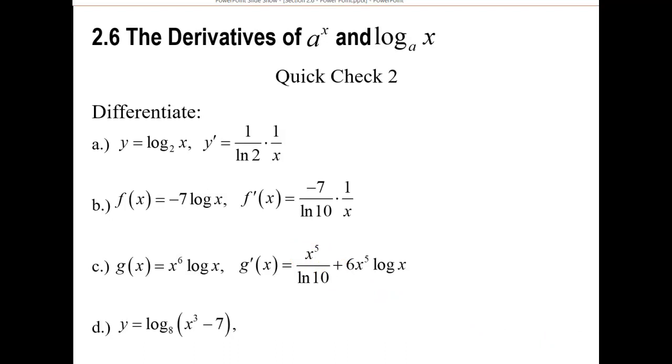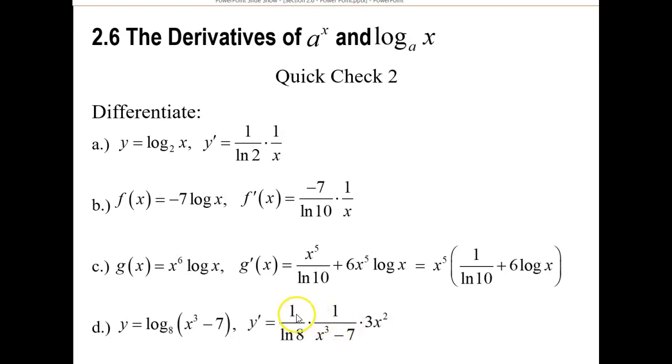And then part D is going to be a chain rule. So we're going to start off here with 1 over natural log 8 times 1 over x cubed minus 7, and then we'll multiply by 3x squared, which is the derivative of that inside. Oops, I guess they simplified up here before moving on. So here notice they factored out an x to the 5th. That's fine if you want to, leaving just 1 over natural log of 10 plus 6 log x.